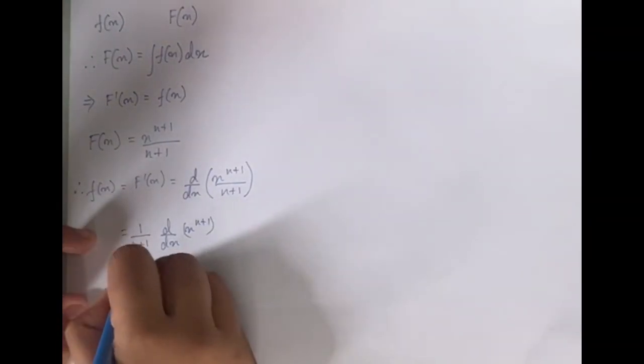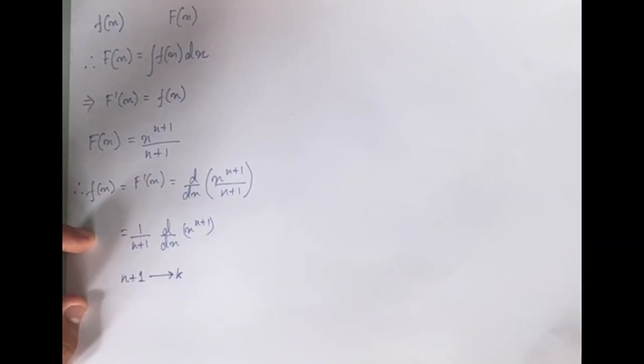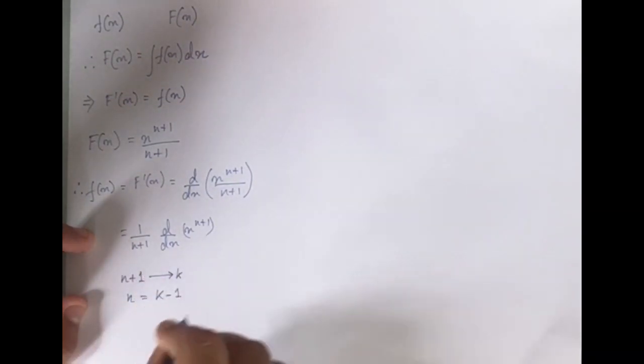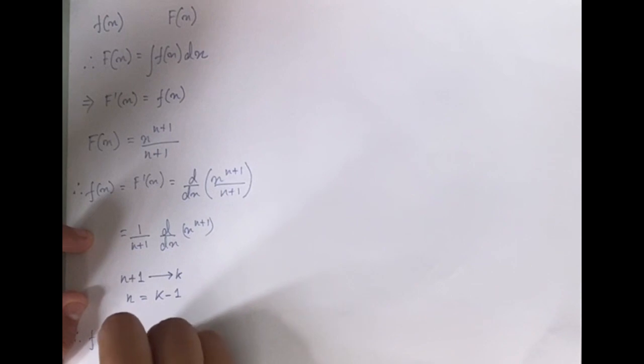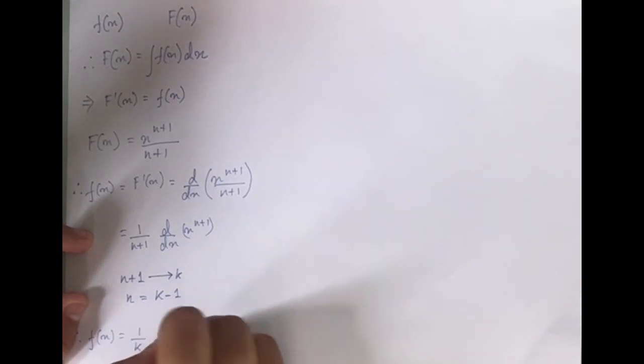Let us again convert this n plus 1 to k. That is, n plus 1 is converted to k. Then n is equal to k minus 1. Therefore f(x) is equal to 1 by k d dx of x to the power k.